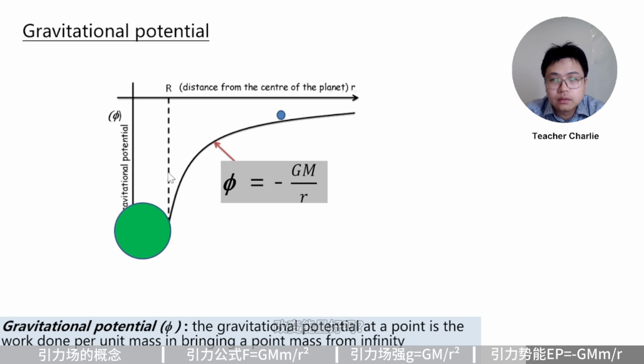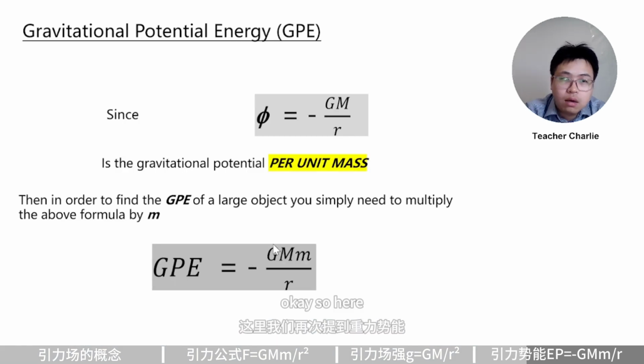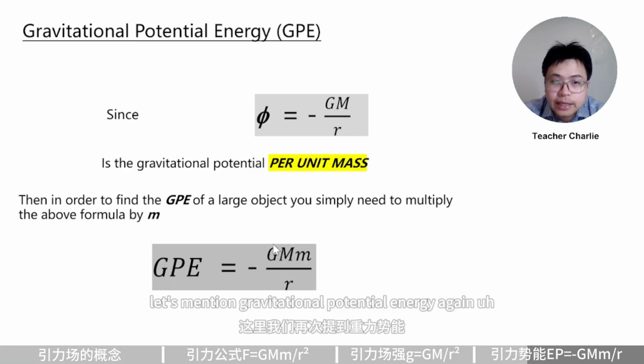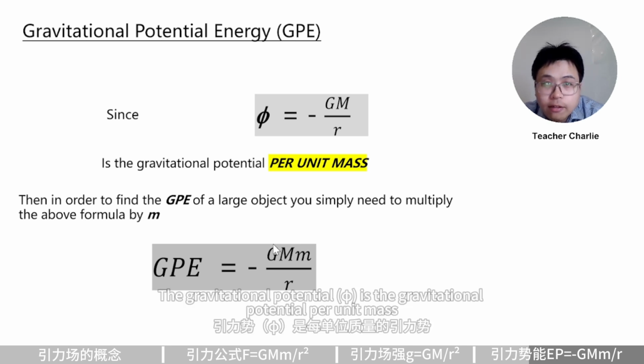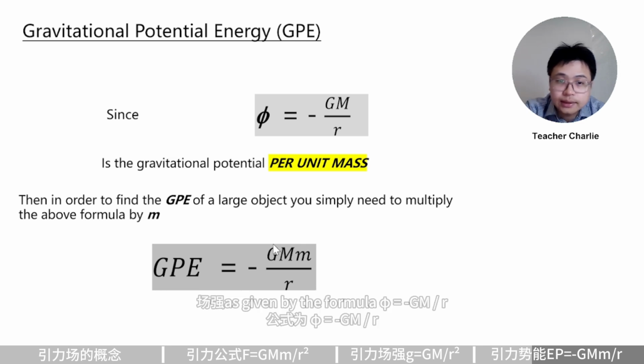energy. Okay, so here let's mention gravitational potential energy again. The gravitational potential Φ is the gravitational potential per unit mass, and is given by the formula Φ equals minus GM divided by r.